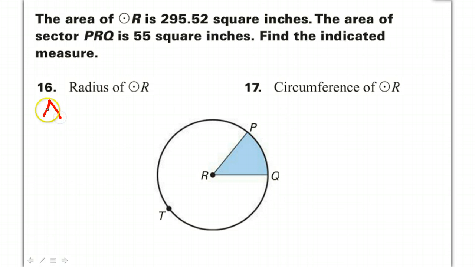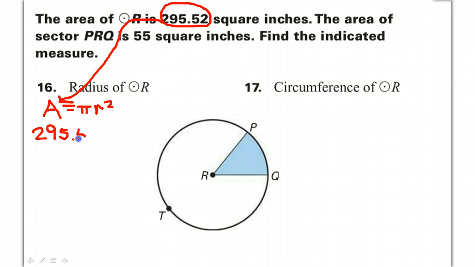If we know that the formula is area equals pi r squared, but we're given the area of the circle right here, 295.52, we could go ahead and put that in for area right now. So that's going to give us 295.52 equals pi r squared.